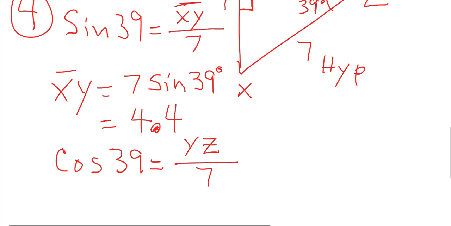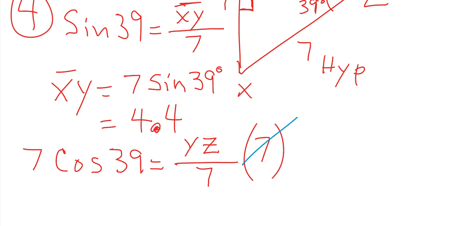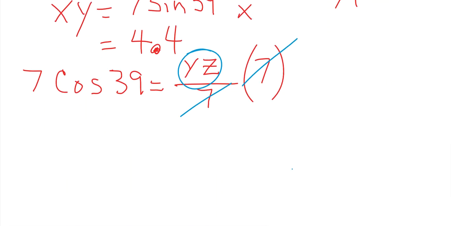So it's adjacent over hypotenuse. Multiply both sides by 7. And when we do that, what happens? They cancel, and we're left with YZ. YZ is equal to 7 times the cosine of 39 degrees. And what does that come up to be?